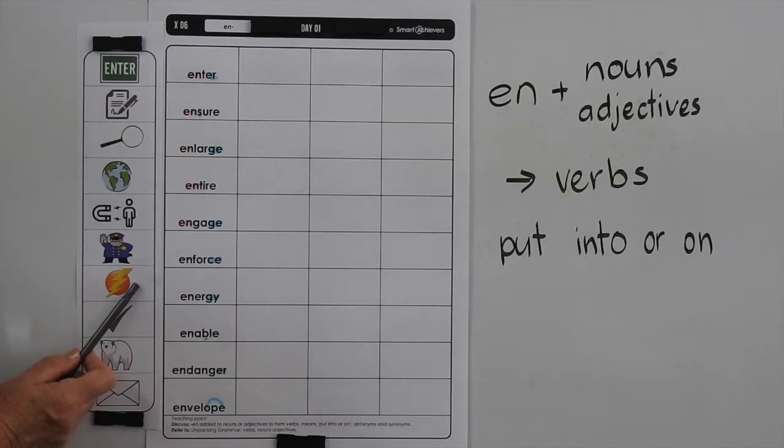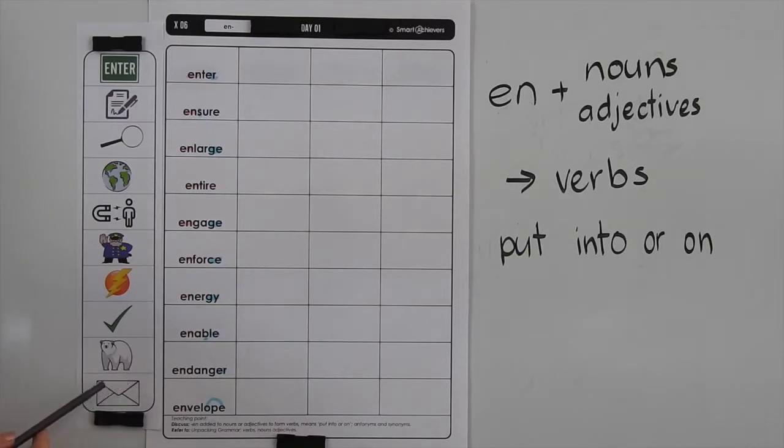Energy is power. Enable means to give the authority or means to do something or to make something possible, or it can also mean to make a device operational. Endanger means to put at risk or in danger. And an envelope means a sachet or something you would put a letter into to post.